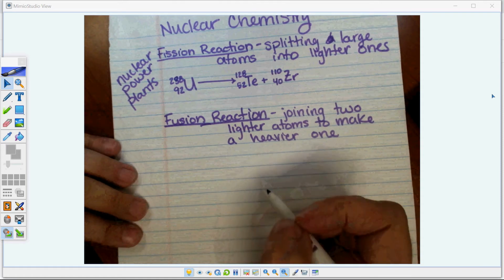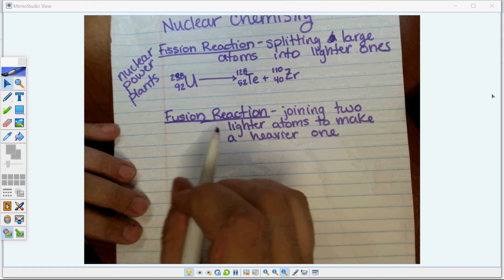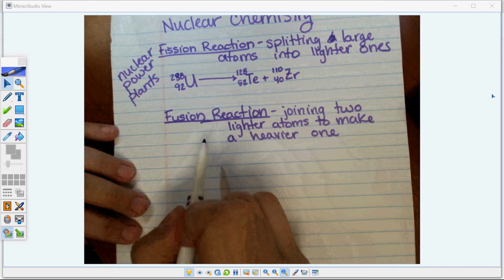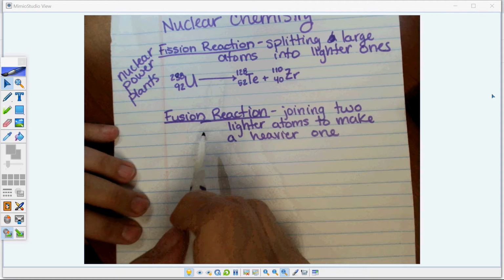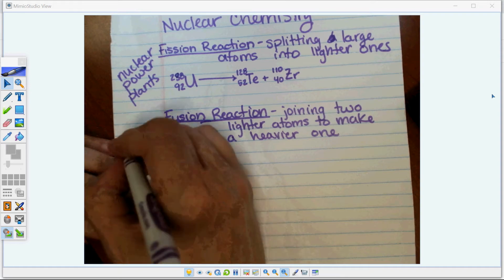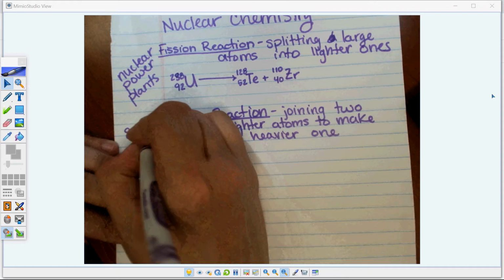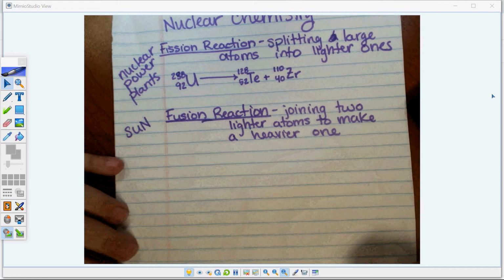And so we don't actually do this on planet Earth because it's very, very energetic, much more energetic than a fission reaction, and we have yet to develop the science to where we can control this, but this is what happens in the sun. So fusion reactions are what occur in the sun.